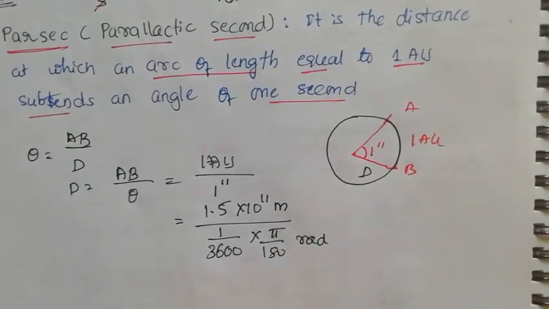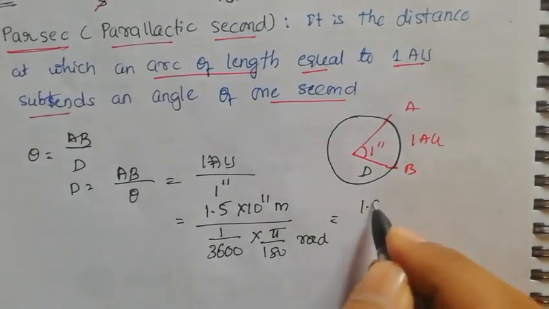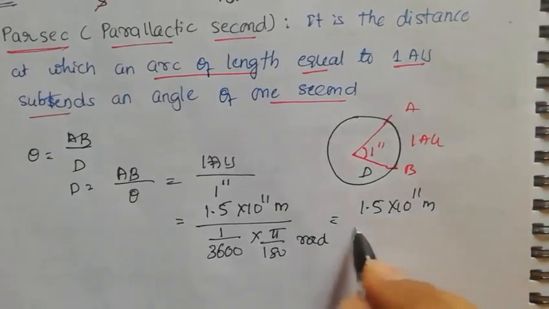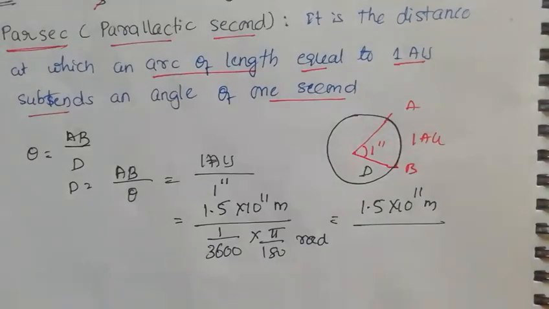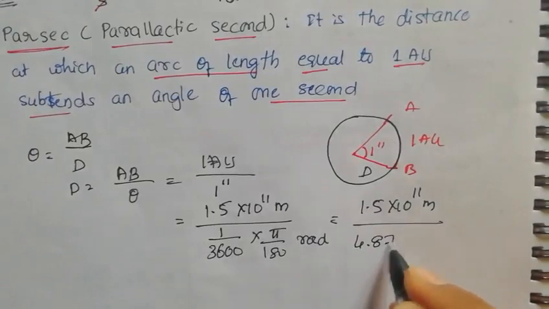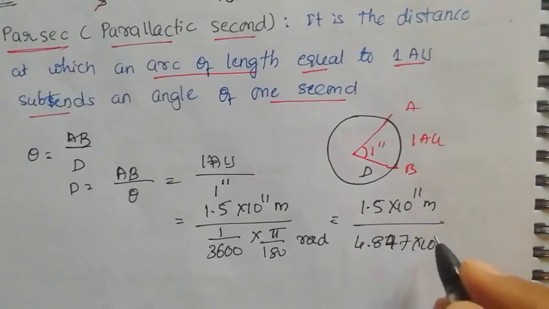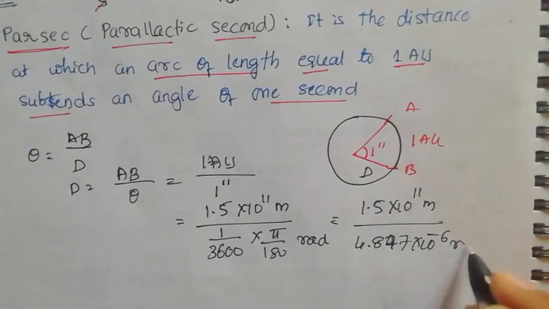Now if we simplify this, 1 second equals 4.847 into 10 power minus 6 radian.